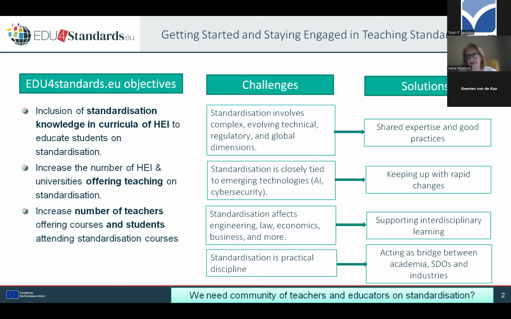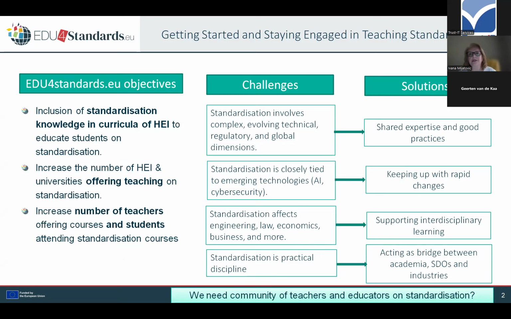Standardization is not a widely accepted academic discipline, and there are certain challenges to getting started and staying engaged in education on standardization, or teaching standardization. Standardization involves complex problems and evolving technical, regulatory, and global dimensions.